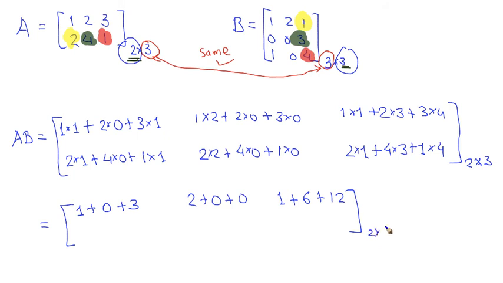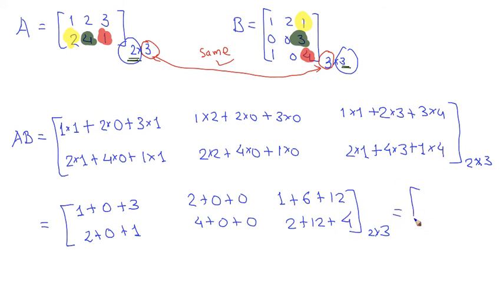This is first row. 2 into 1, so 2 plus 4 into 0, 0 plus 1 into 1, 1. 2 into 2, 4 plus this is 0, this is 0, so 2 times 0. 2 into 1, so 2 plus 4 into 3, 12 plus 4 into 1, so this is 4.